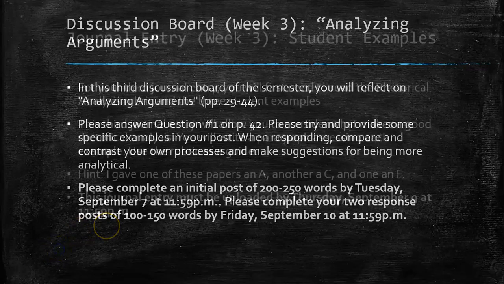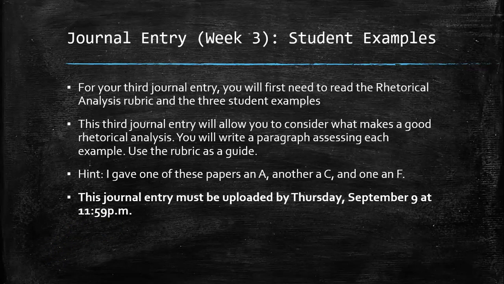Up next is the journal entry for this week, and for the journal entry, you will need to read the rhetorical analysis rubric as well as the 3 student examples. The third journal entry will allow you to consider what makes a good rhetorical analysis. You will write a paragraph assessing each example, and you're going to use the rubric as a guide.